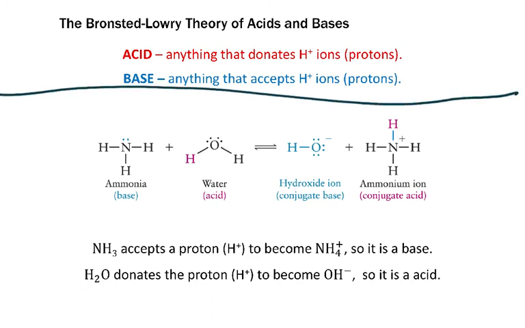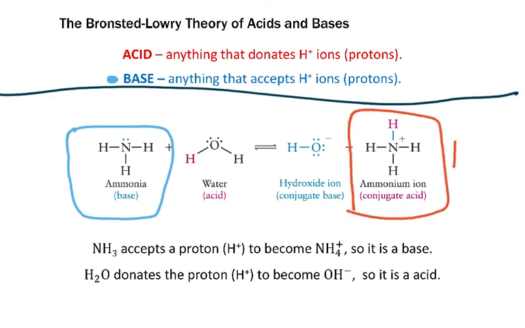Here is ammonia, NH3. This lone pair of electrons on the N is willing and able to accept a proton. Accepting a proton makes it a base, and so when it does that, it turns into NH4 plus, which is now its conjugate acid.